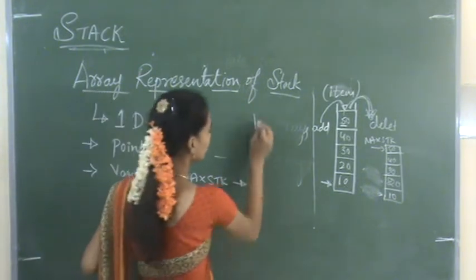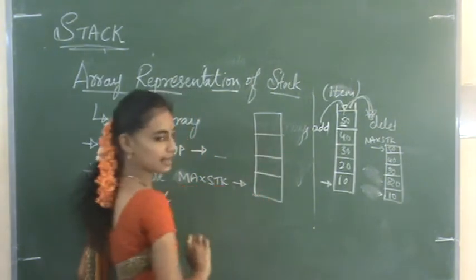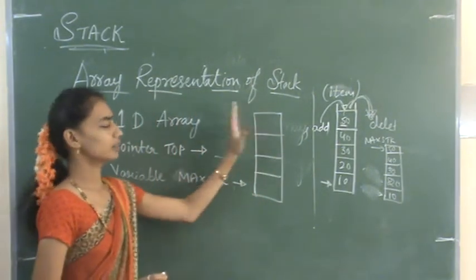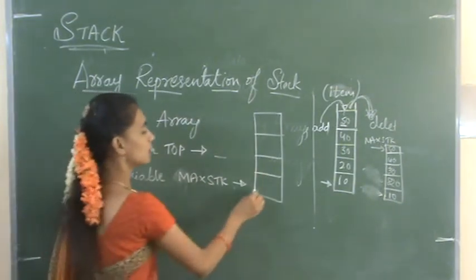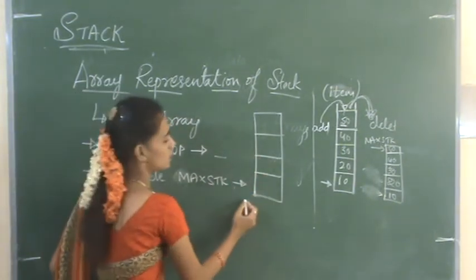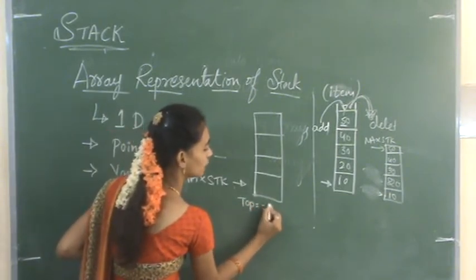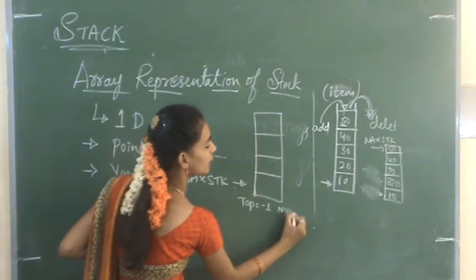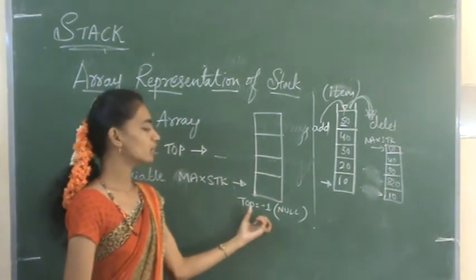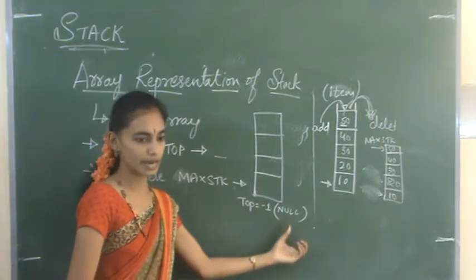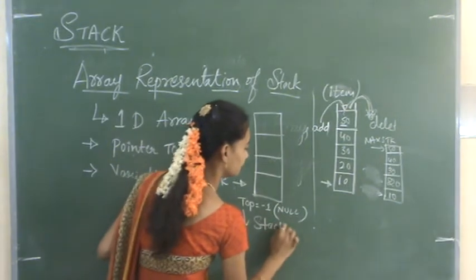Suppose we consider this as a stack. If we are not inserting any elements, the stack is empty, and in that position the top is -1, or we can call it null also.